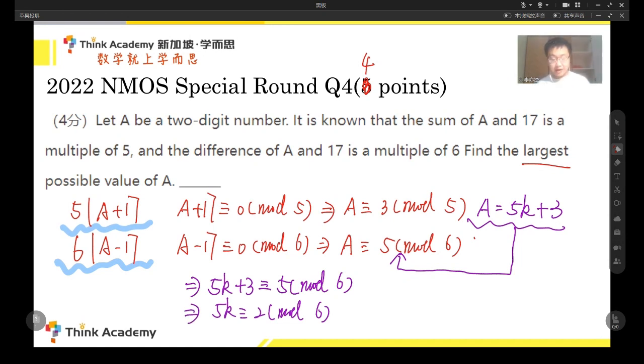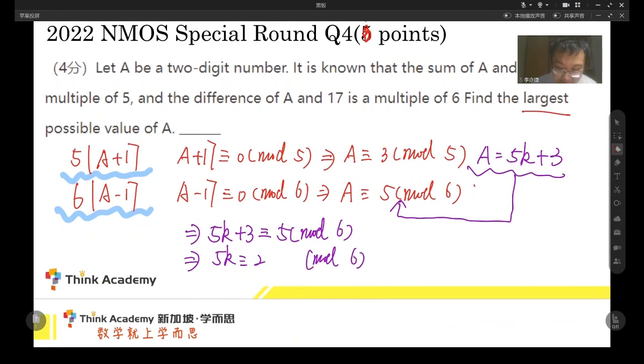Now, as we have a 2 here, a 5 here, 2 cannot be divided by 5, right? But we know that 6 has a remainder of 0 when divided by itself. So, to the right side, we can maybe add up some 6.